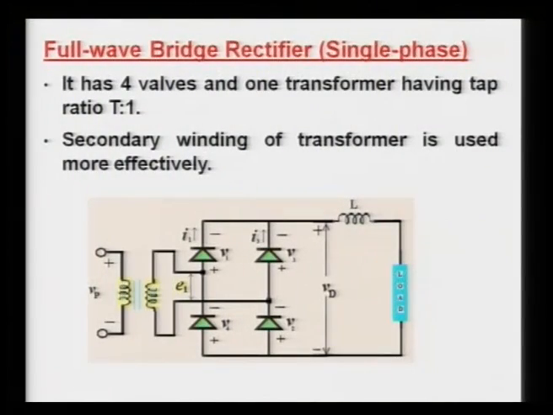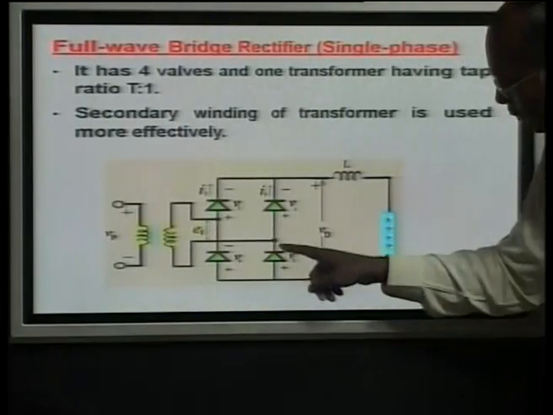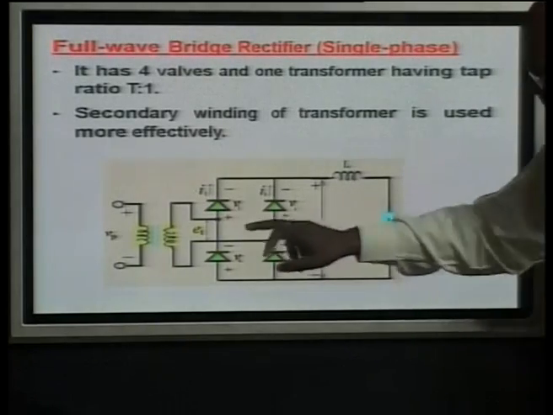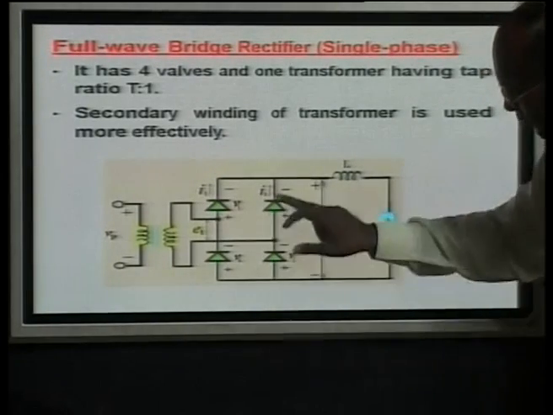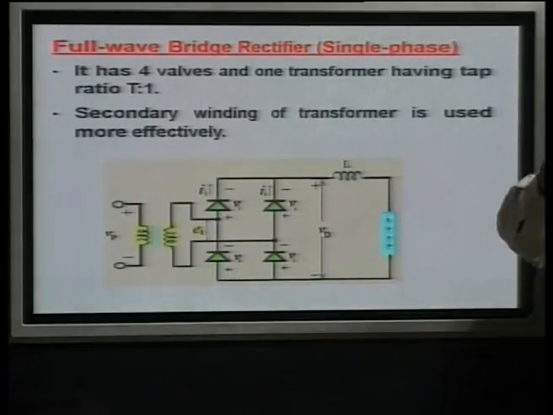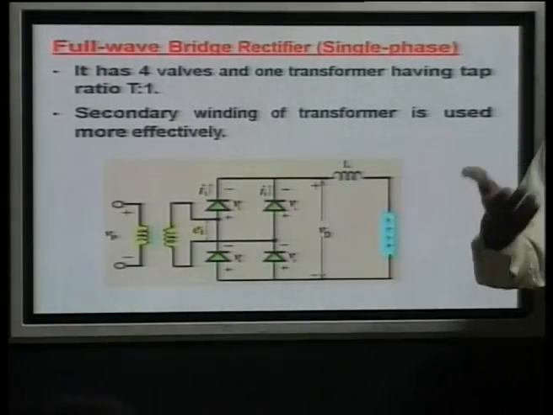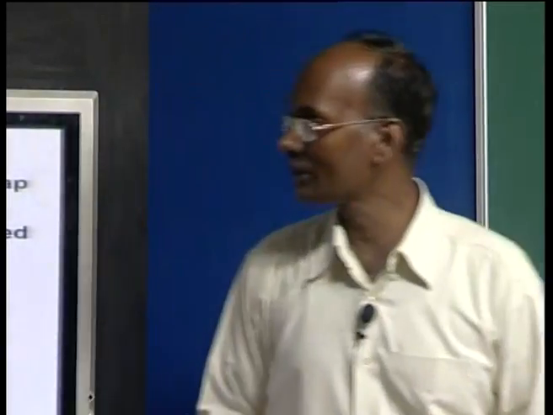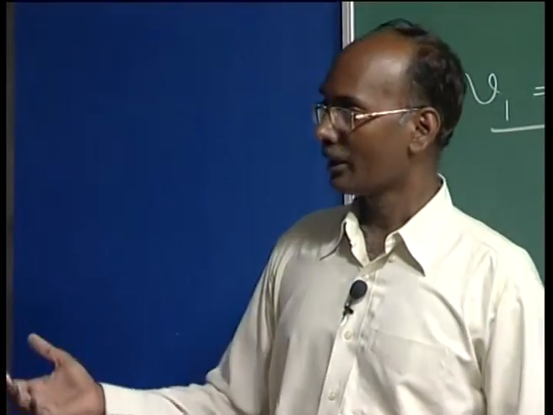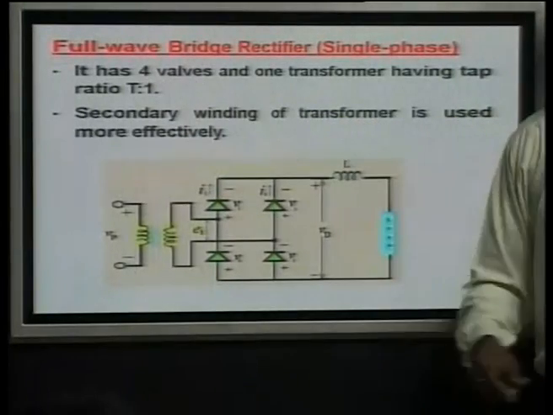This bridge rectifier circuit is almost the same; only here in one phase two valves are conducting, and in the other, when reversing, the other two valves are conducting. That means the transformer is used twice in the same cycle, so the utilization of the transformer is better, but we are going to have 4 valves in this.